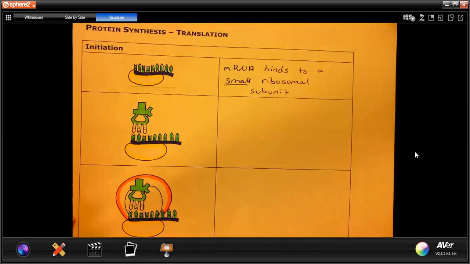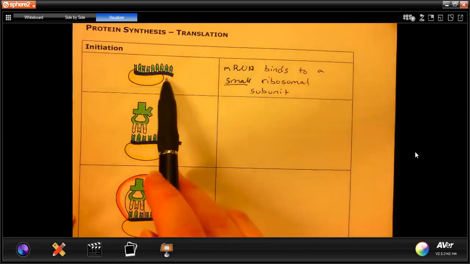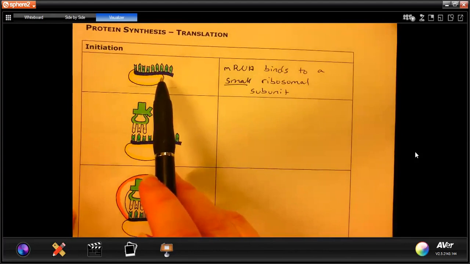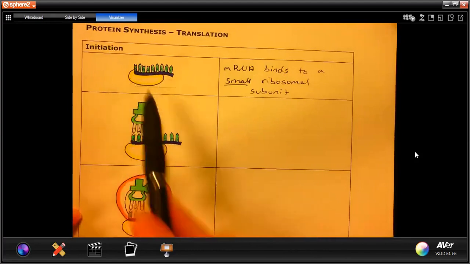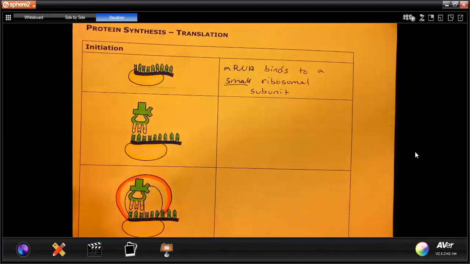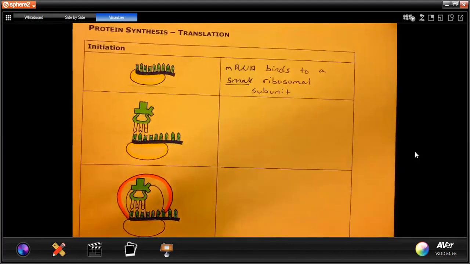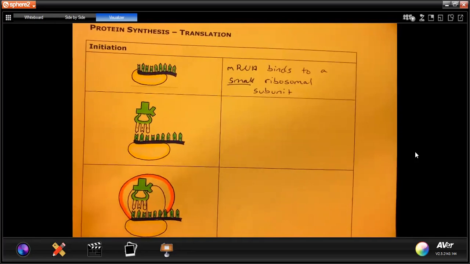So we have our mRNA, the single-stranded mRNA with A and U and G and C. And the small ribosomal subunit binds at the 5' cap. The 5' cap is the flag of like, hi, we're here, ready to work. And then of course the AUG is that methionine start codon. So those are both signals to the small ribosomal subunit to bind.